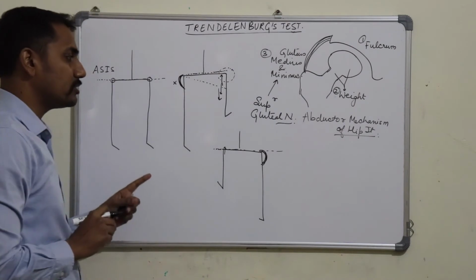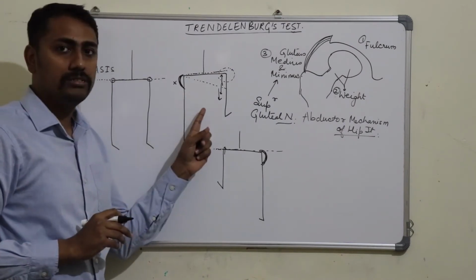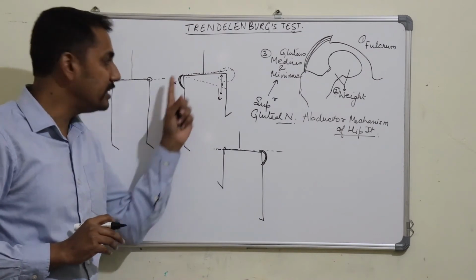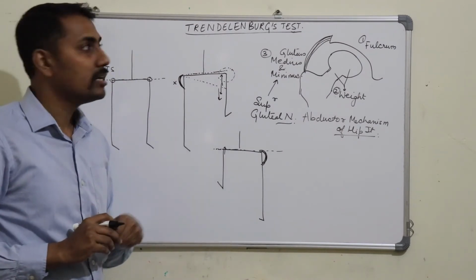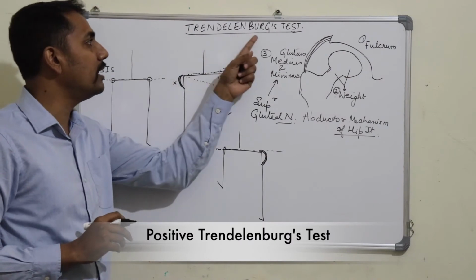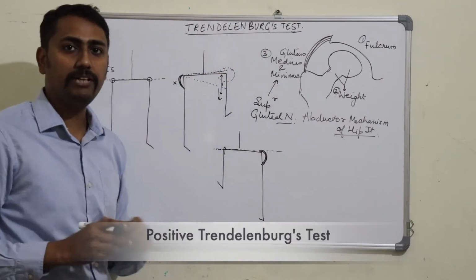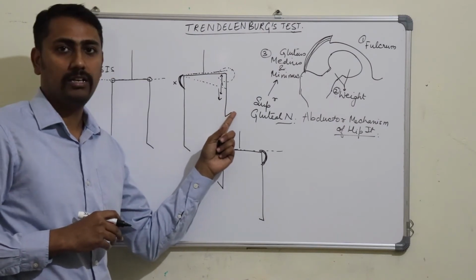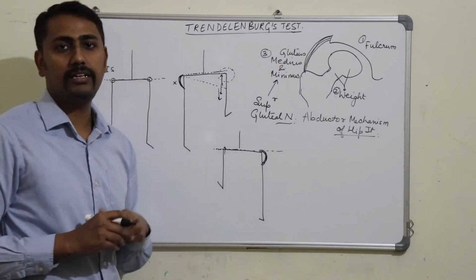So remember this concept: the pelvis falls on the opposite side of the affected side, and this test is known as a positive Trendelenburg test. So in a positive Trendelenburg test, the unaffected side pelvis falls down when the foot is above the ground.